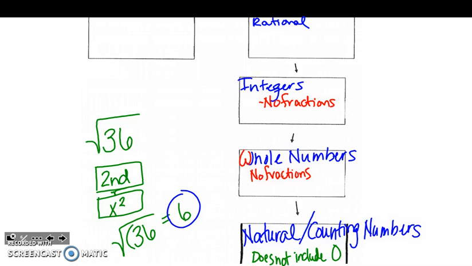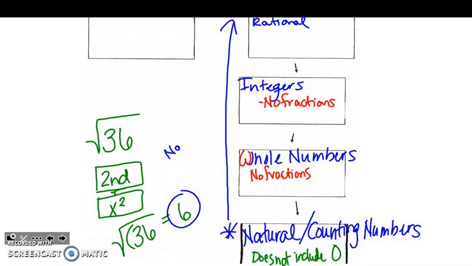What's the lowest category that the number 6 can fall into? I always start at the bottom. Can we count with the number 6? Is that one of the numbers we go 1, 2, 3, 4, 5, 6? Yes, it is. So since it falls into that category, it's going to be every category on up.